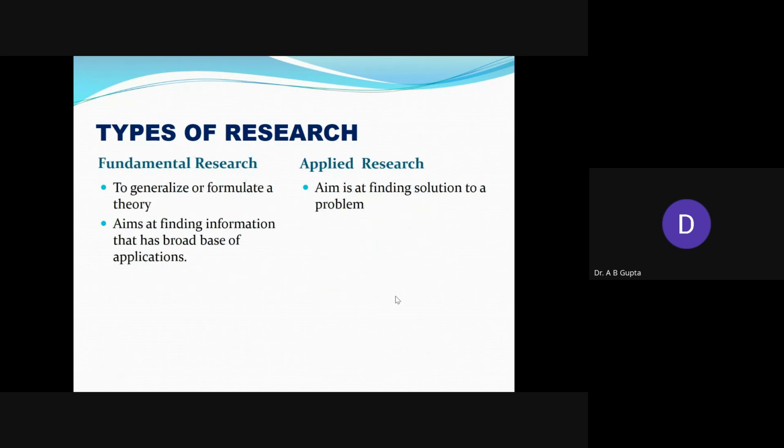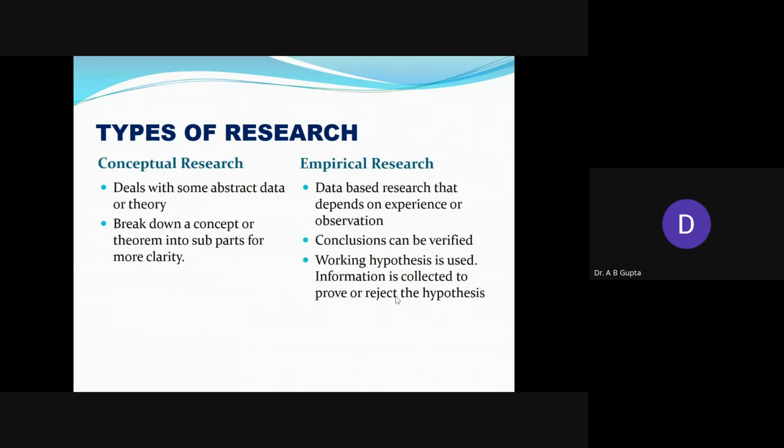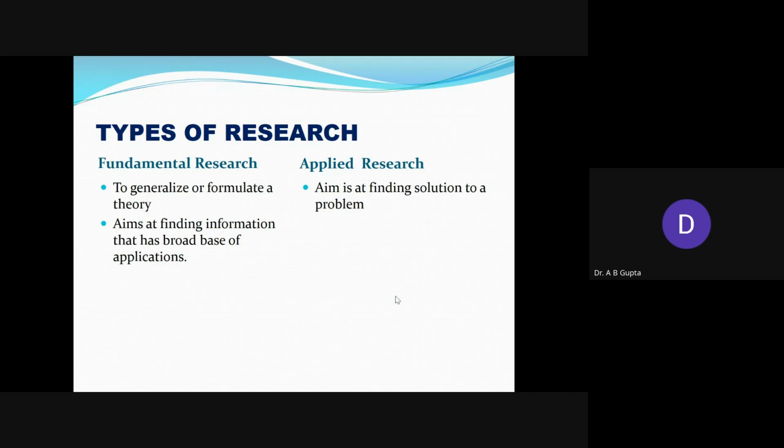Okay. Then I come to the other part, that is fundamental research and applied research. Let us see what fundamental research is. Fundamental research is also called basic research.